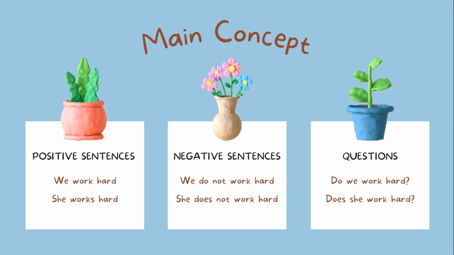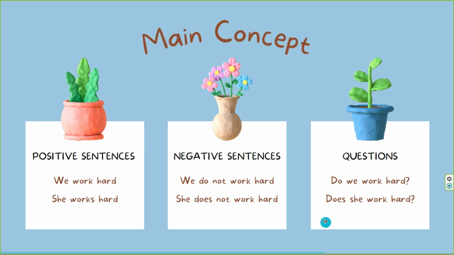So if the positive sentence was we work hard, the question is do we work hard? All you have to do is emphasize at the end of the sentence and put the auxiliary first, and that will help you do it all by yourself. Okay? I repeat. Do we work hard?